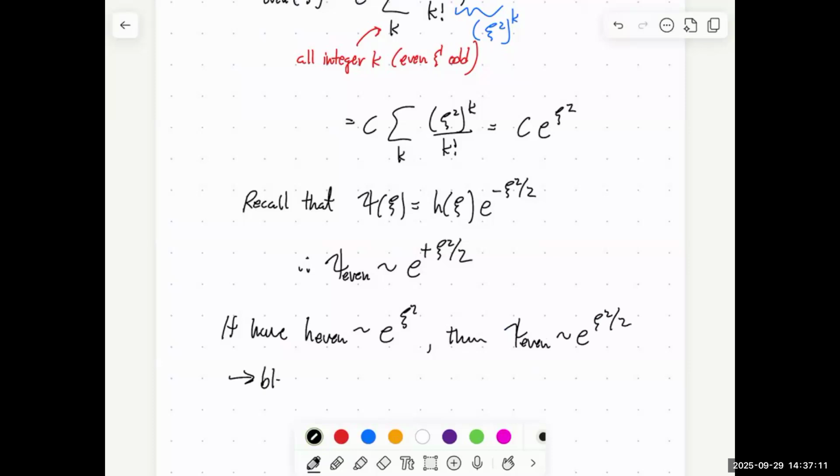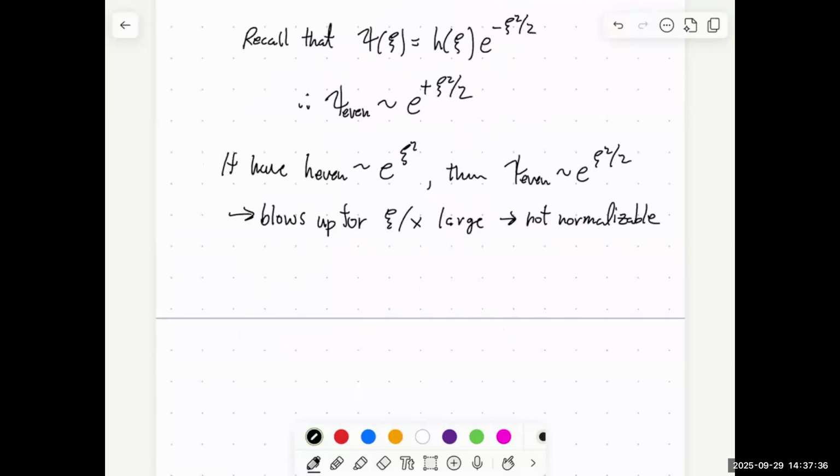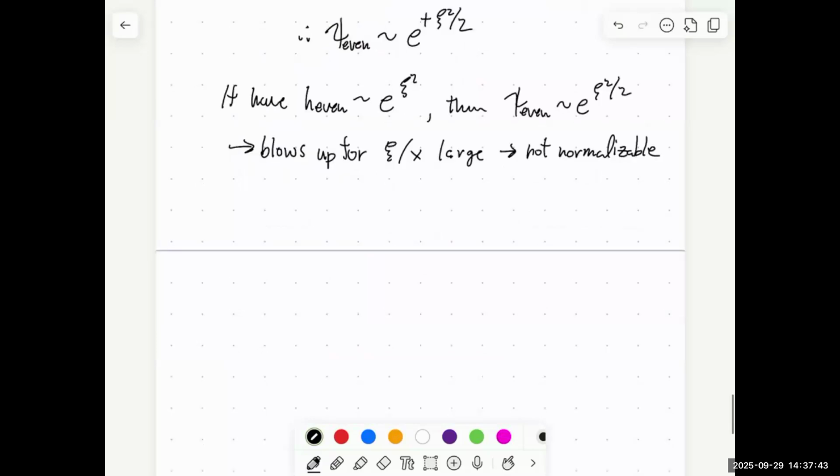This blows up for z or x large, still not normalizable. So we started with a wave function at large x that was not going to be normalizable. And we said, well, let's try to find the H that multiplies our large x solution. It's still not normalizable. And so we're going to have to come to some kind of resolution.